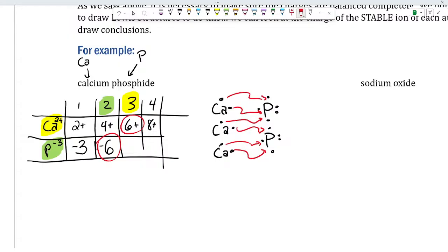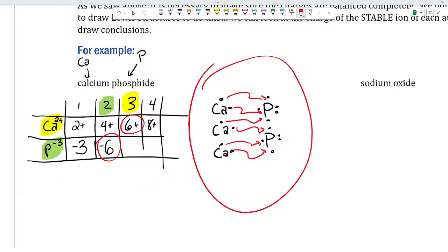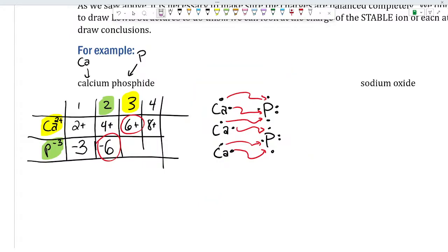Doing this means that I don't have to draw arrows and be messy. Now, some of you may be like, yeah, but last year I just learned that you just switch the numbers and it works. Whatever your method is, that's fine. I'm always going to draw this little table, because when we get to more complicated examples, thinking your way through what it actually means, I think, is helpful. Does that make sense?